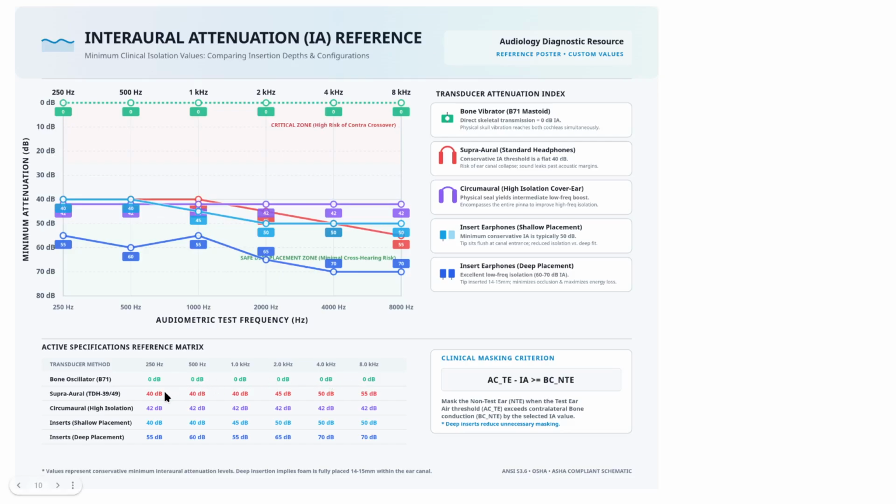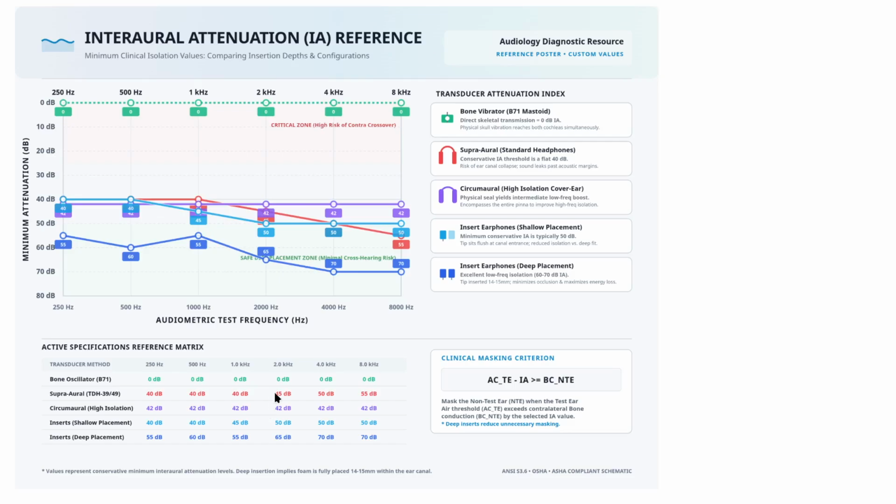For supraoral headphones, it is 40 dB up to 1000 hertz, but at higher frequencies from 2000 to 8000 hertz, you can see that actual minimum intraoral attenuation value is higher, 45 to 55 dB. For circumoral earphones, it's very similar to supraoral. It's 42 dB across the board, so using a 40 dB number is pretty reasonable with circumoral earphones.